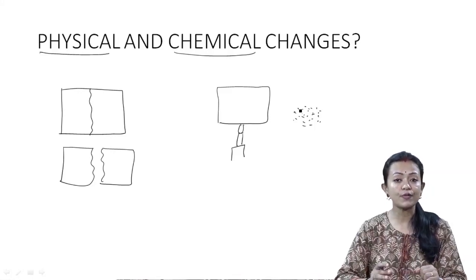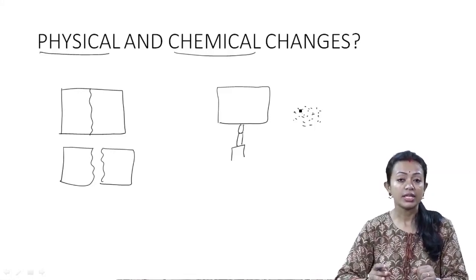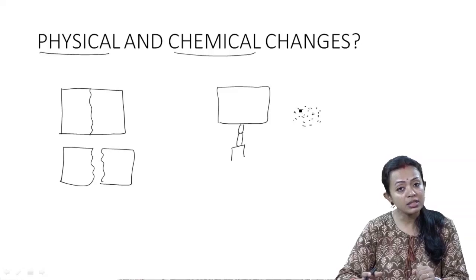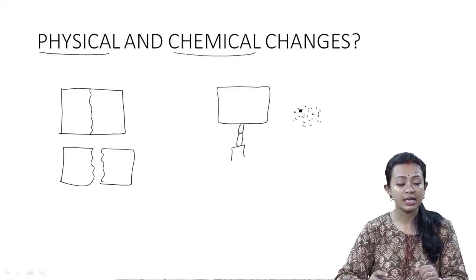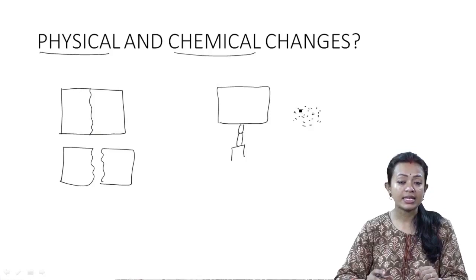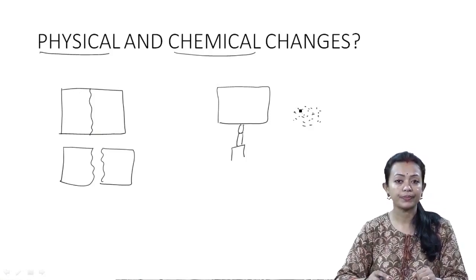In terms of physical changes, the change would basically be because of the size, shape, color, state of matter, that can be it. For example, if you take ice and melt it into water, it is a physical change. Why? Because there has been a change in the state of matter. The solid ice melted into liquid. But when you look into their composition, it is still made up of the same molecule.